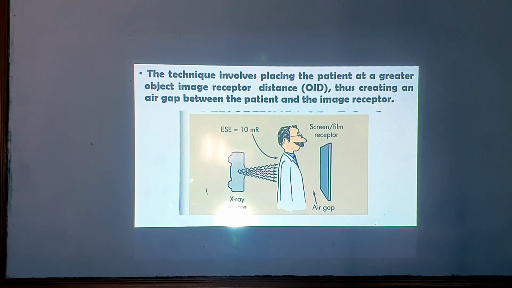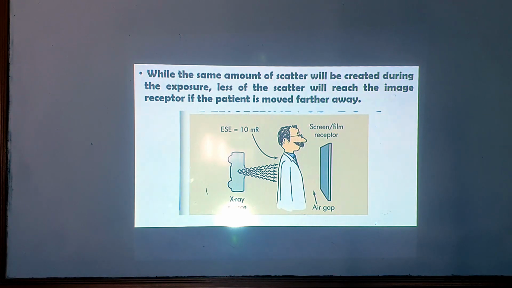So the technique involves placing the patient at a greater object to image receptor distance, like what we've talked about, thus creating an air gap between the patient and the image receptor. So while the same amount of scatter will be created, guys, during that exposure, less of the scatter will now reach your image receptor, especially if the patient and the image receptor are moved away from each other.